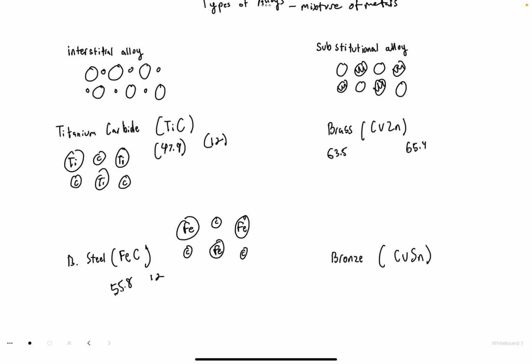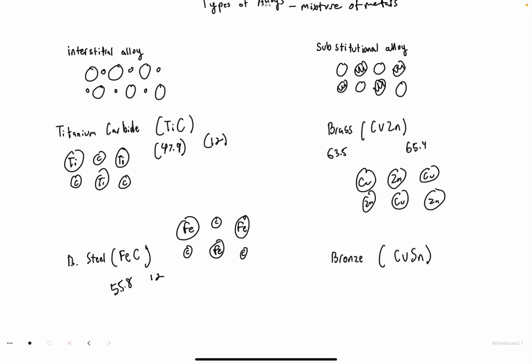So these are incredibly similar in terms of their molar mass. So they would have around the same size, which means it would be a substitutional alloy. So Cu and zinc, so copper and zinc have relatively the same size. So that's known as a substitutional.